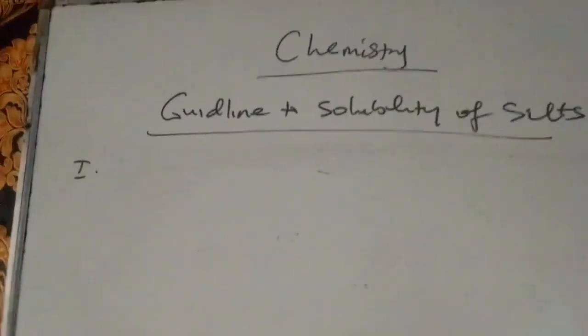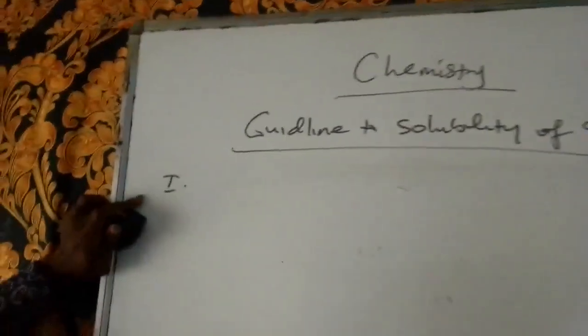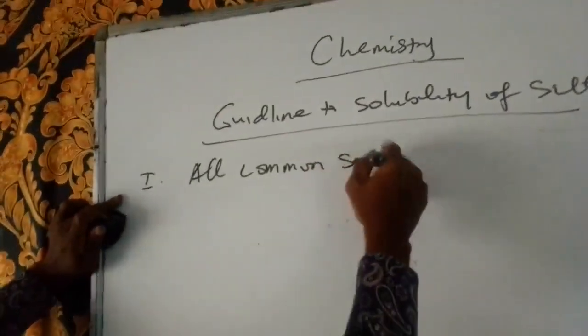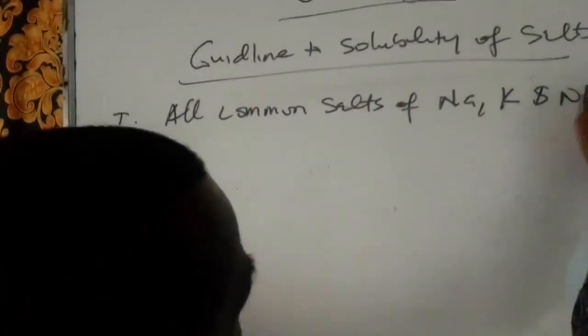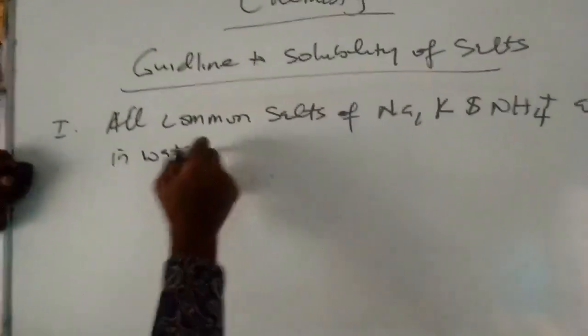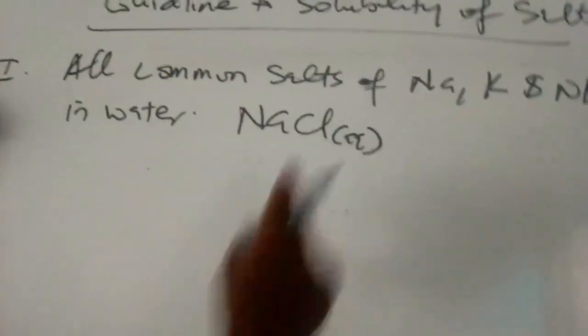So we now have the guidelines to solubility of salts. Number 1, all common salts of sodium, potassium, and ammonium are soluble in water. That is why when we see a salt of sodium in a chemical reaction, we normally put aqueous, showing that it's soluble in water.